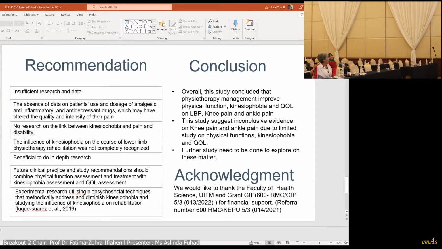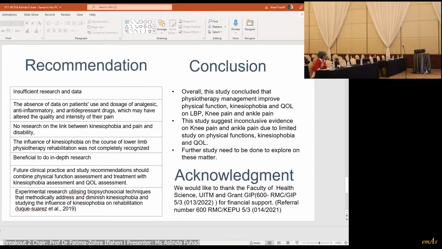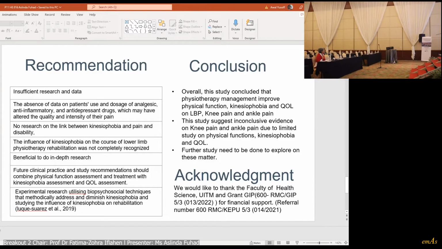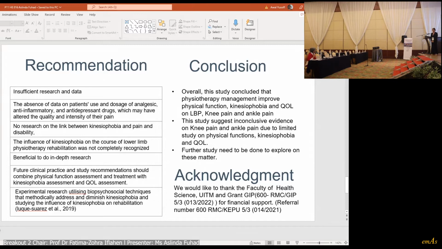Yeah, I agree. And sometimes with the elderly who might be suffering from ankle pain or back pain, and who should not have a certain number of movements but want to do these movements, it could be interesting to compare this population with kinesiophobia and the same age population without.